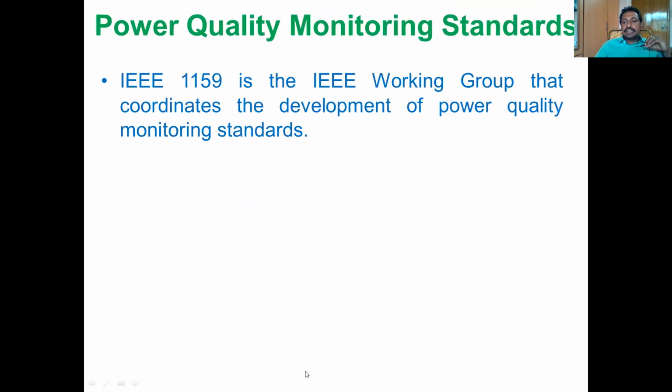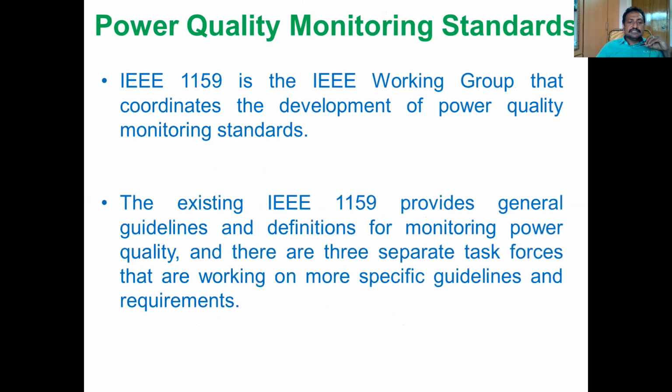Next, power quality monitoring standards. IEEE 1159 is the IEEE working group that coordinates the development of power quality monitoring standards. The existing IEEE 1159 provides general guidelines and definitions for monitoring power quality, and there are 3 separate task forces working on more specific guidelines and requirements.